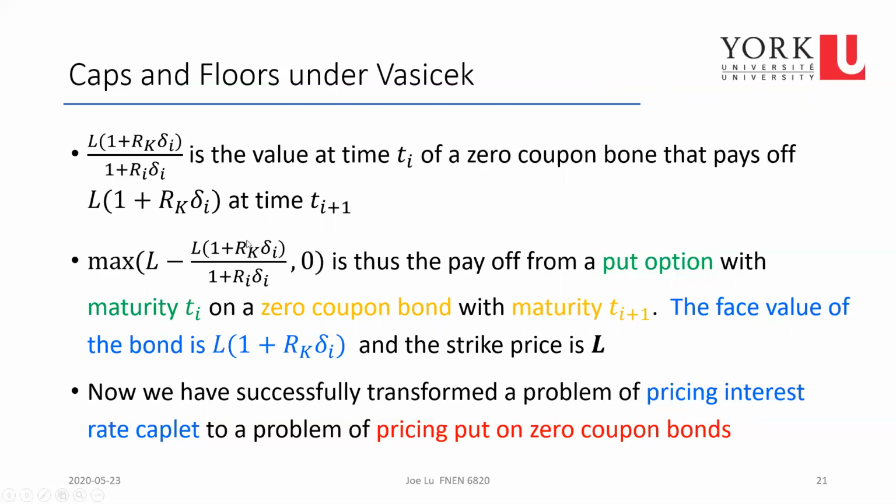So if this is the strike price of the put, and this is the current value of the maturity value of the zero coupon bond, we now have a put on a zero coupon bond.